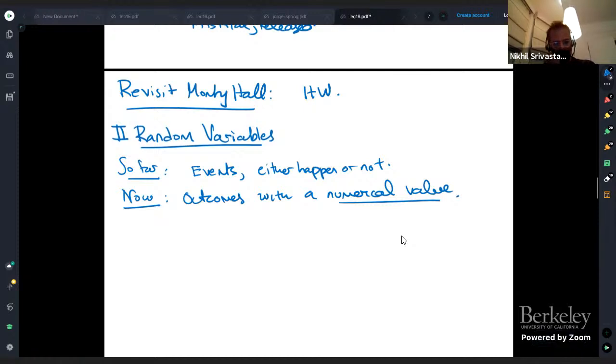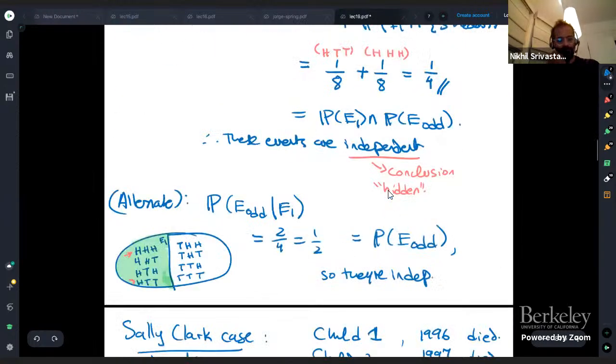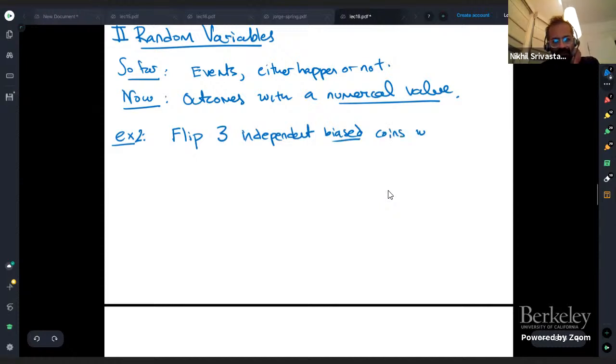So, for example, let's look at this 3 coin flipping example again, but now with a slight twist. The second example is that I flip 3 independent biased coins, which each have a probability of being heads equal to some number q, where q is a number between 0 and 1.